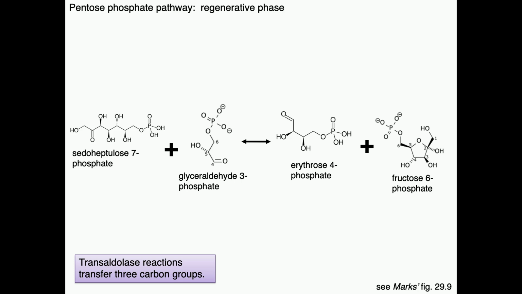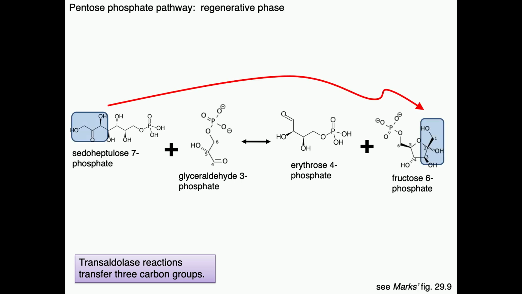We would also generate erythrose 4-phosphate that could be a substrate for a transketolase reaction. It's very simple math, but some of the terminology is a bit of a mouthful, though the concept is pretty straightforward.